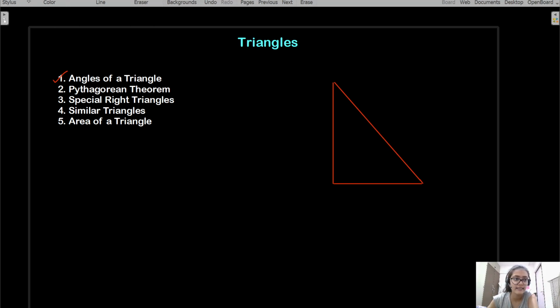Let's say that this is a right triangle ABC with angle B as a right angle. So we all know that Pythagorean theorem says that square of AC is gonna be equal to sum of squares of the other two legs. So this is gonna be AB square plus BC square. That's it. That's your Pythagorean theorem.